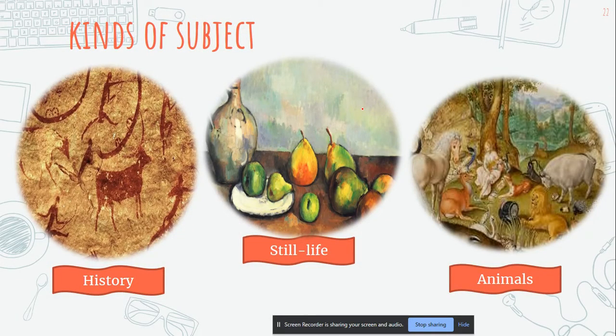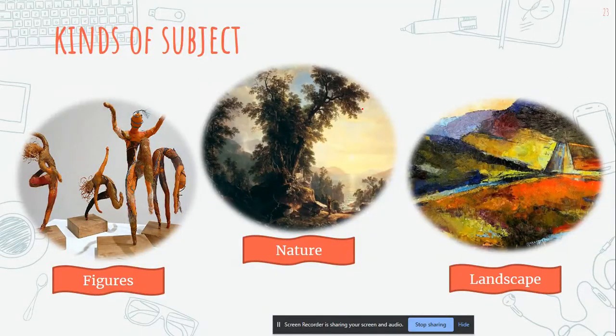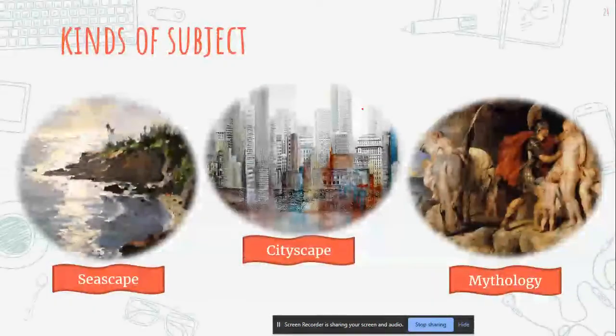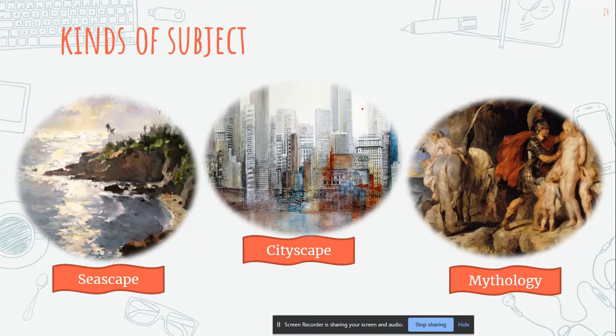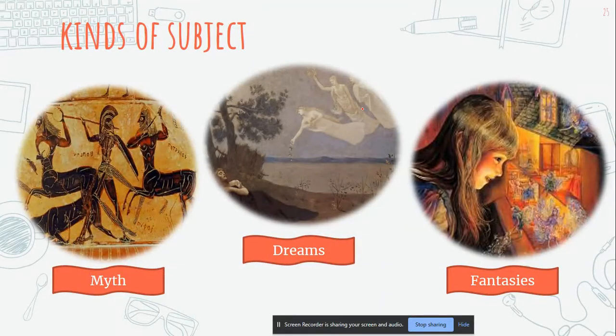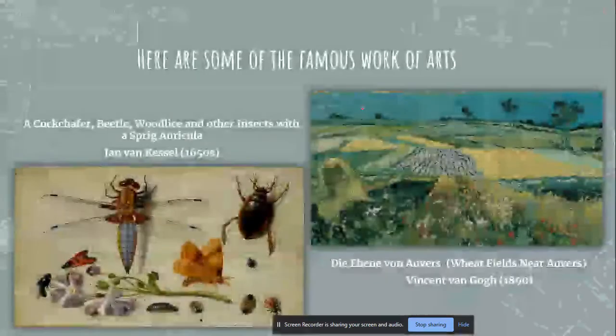And we could have the kinds of subject like this one for history. This one, still life. Could also have animals. And we have figures, nature, landscape, and seascape, cityscape, mythology, and myth, dreams, fantasies.